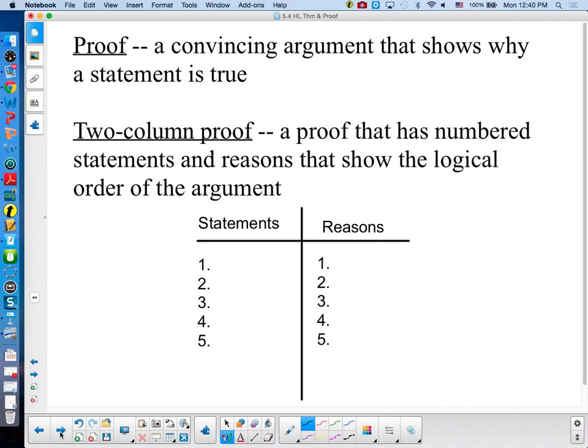A two-column proof is a proof that has numbered statements and reasons that show the logical order of the argument. There are other forms of proof, a flowchart proof, a paragraph proof, and then the two-column proof. They all have the same information. It's just how it's arranged or shown that is different.